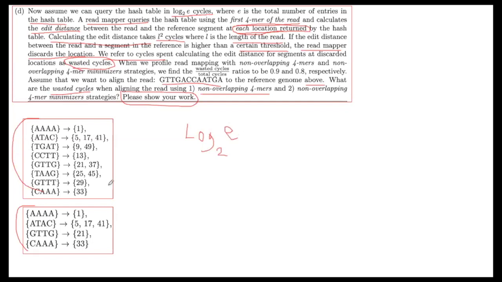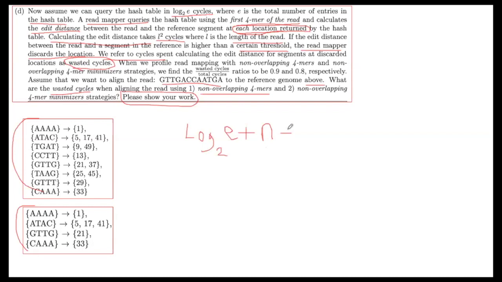Now, the hash table, assumed, returns some number of locations, let's assume n. At every location of this returned set, we need to perform an edit distance operation.